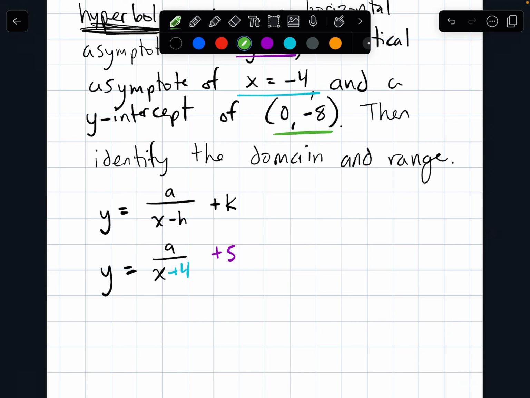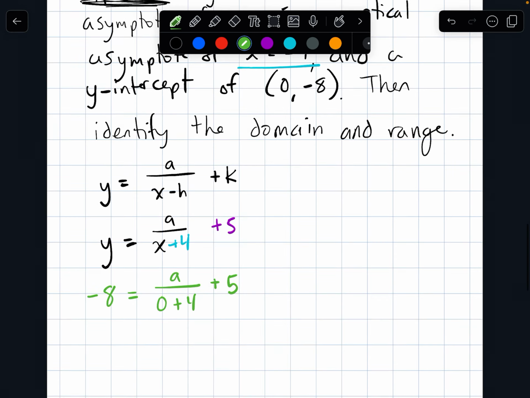All right, so because the y-intercept is (0, -8), what I'm allowed to do is replace the x value with 0 and replace the y value with -8. So if we do this, we get -8 equals a over 0 plus 4, plus 5. All right, so again, we're trying to figure out what that a value is.